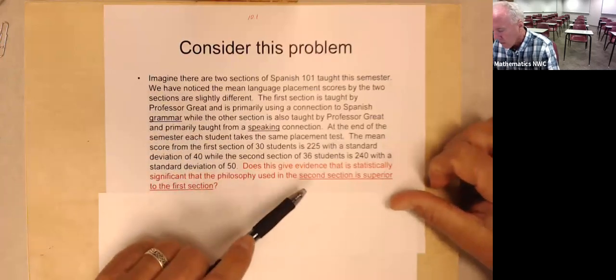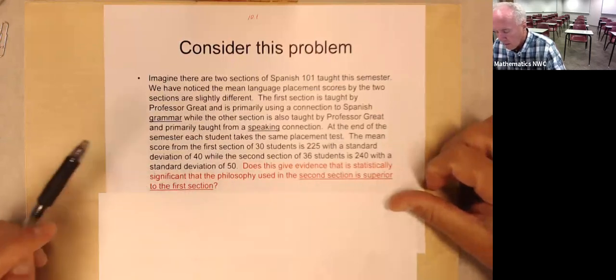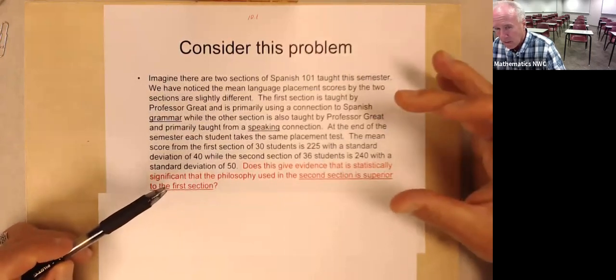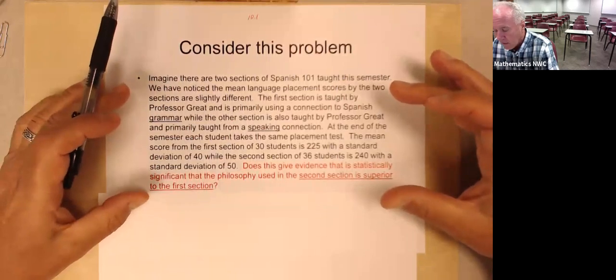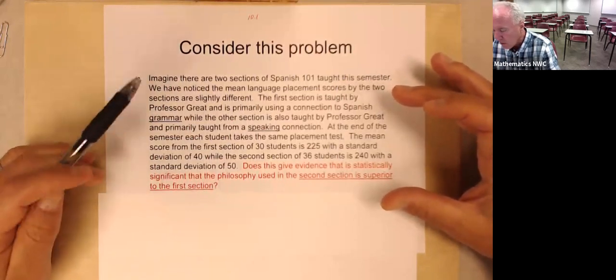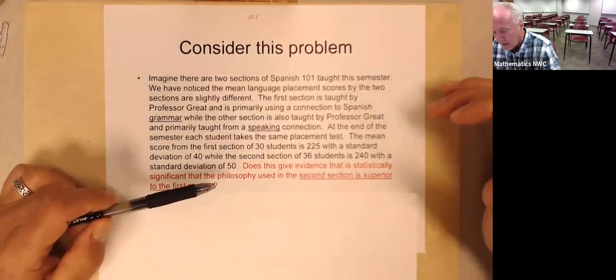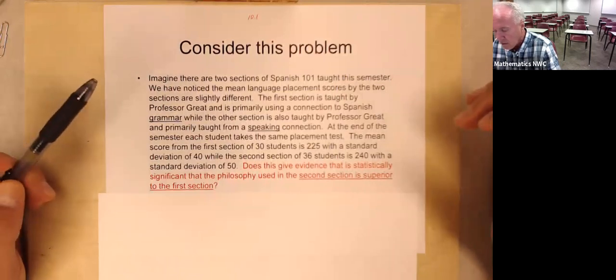In this case, was the second superior to the first? Well, there's a lot of variables that enter in here, which is why this is very difficult to do. And it's also difficult to show that there's a difference that would be statistically significant. The reason being that there are so many variables.